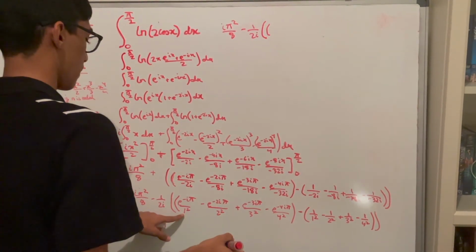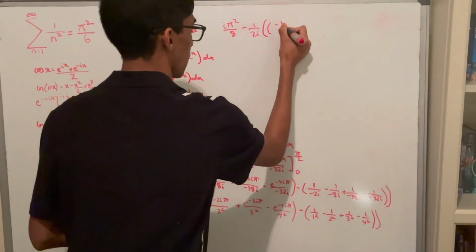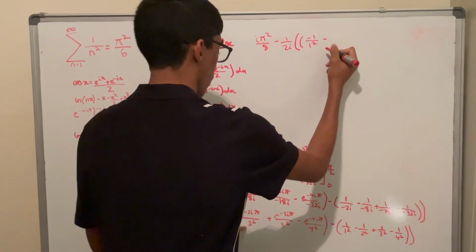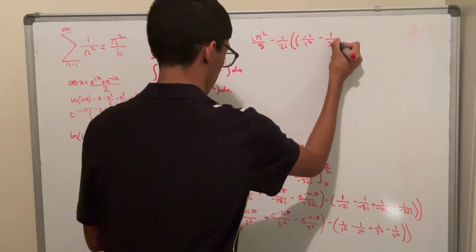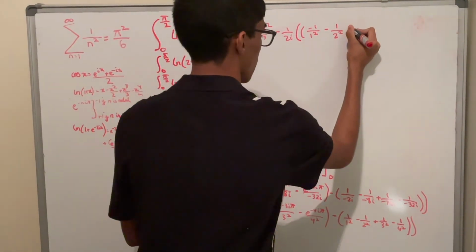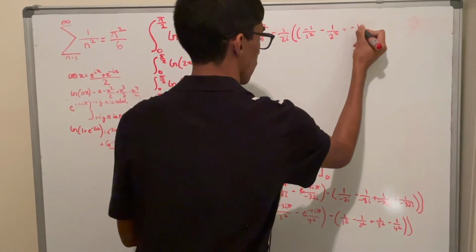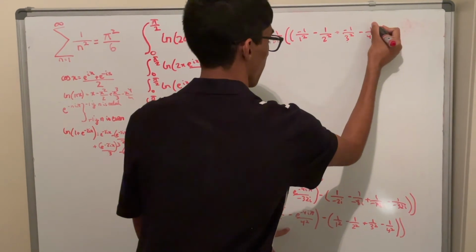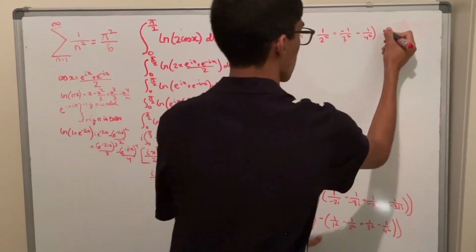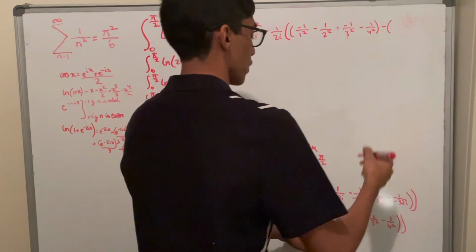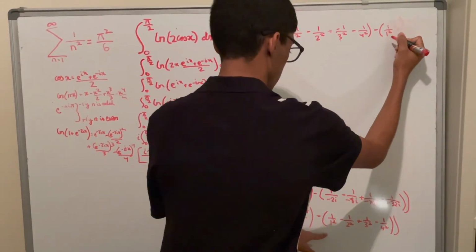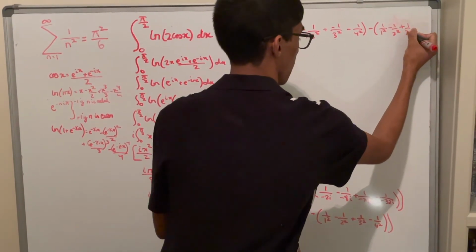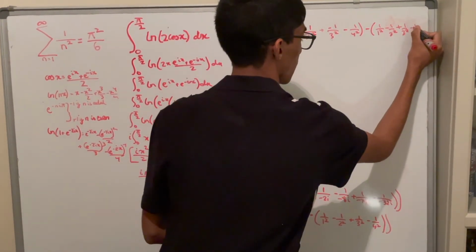We have minus 1 over 1 squared minus 1 over 2 squared plus minus 1 over 3 squared minus 1 over 4 squared minus, we have 1 over 1 squared minus 1 over 2 squared plus 1 over 3 squared minus 1 over 4 squared.